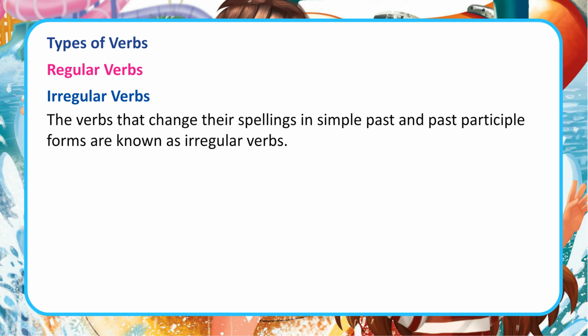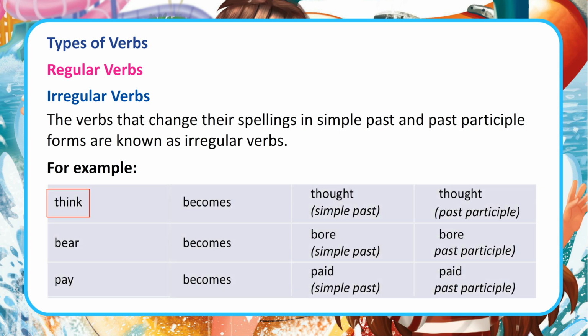Irregular verbs. The verbs that change their spellings in simple past and past participle forms are known as irregular verbs. For example, think becomes thought, simple past; thought, past participle. Bear becomes bore, simple past; bore, past participle.